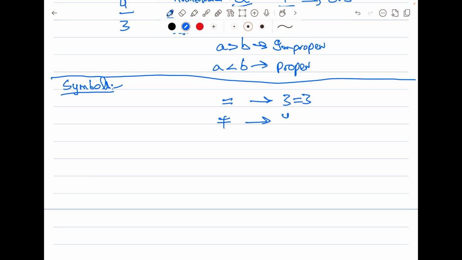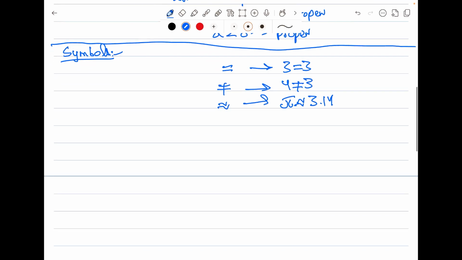But 4 is not equal to 3. And this is the symbol for is approximately equal to, right? Like for example, we can say that pi is approximately equal to 3.14. And we will learn much more about pi in the later lessons.